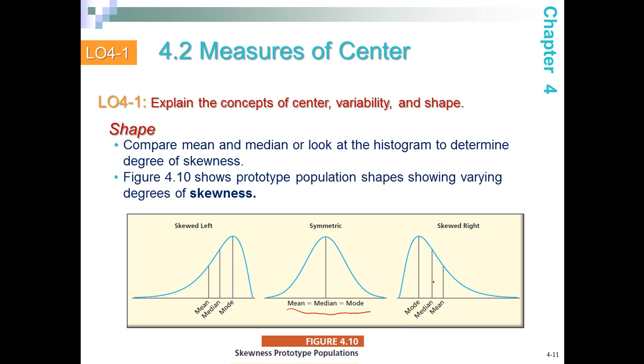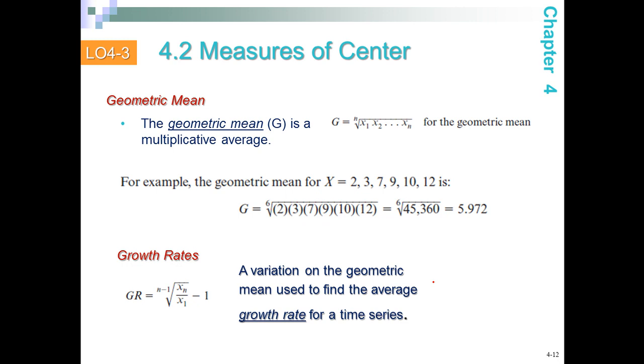There are other notions of means. Geometric mean, for example, instead of taking the summation and dividing by the sample size, says let's take the product of all the observations and take the nth root of that. And this is something that's useful for calculating the average return over a certain number of years, let's say on a stock return.